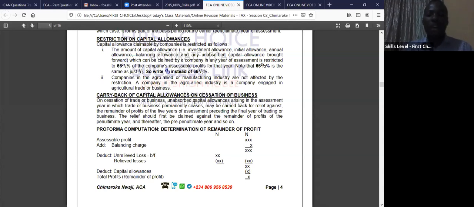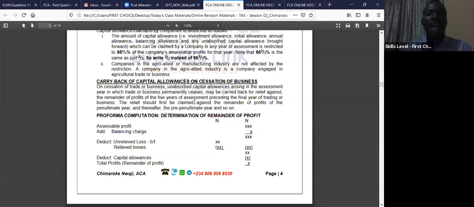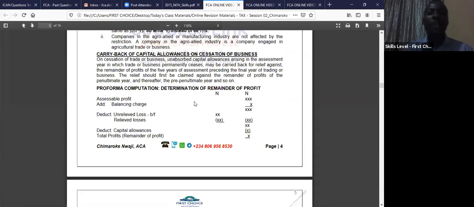Now, there's what they call carry back of capital allowances. Whenever a business has reached cessation point, we are in the penultimate year and we get to the ultimate year. And there are capital allowances that normally are not absorbed. You're supposed to take it to the next year, right?